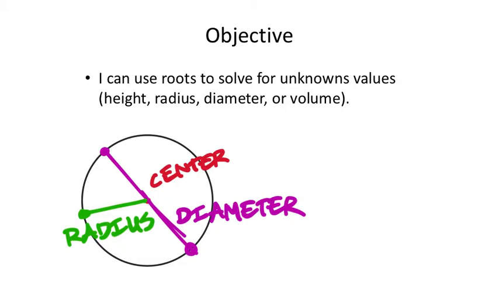So radius and diameter, we can see that the radius is half the diameter, or that the diameter is double the radius, and you can kind of conclude some other relationships between those two, okay? But that's generally what it is.